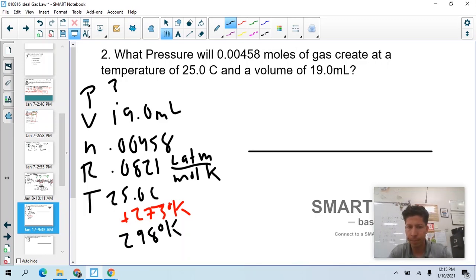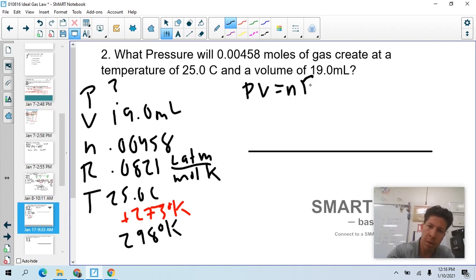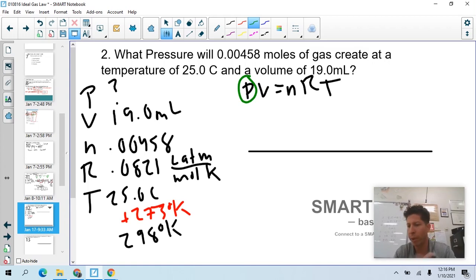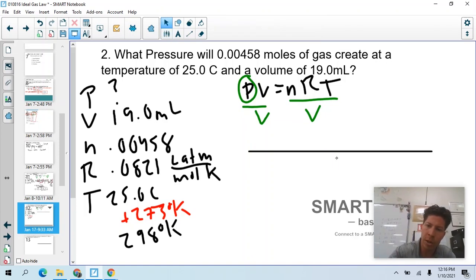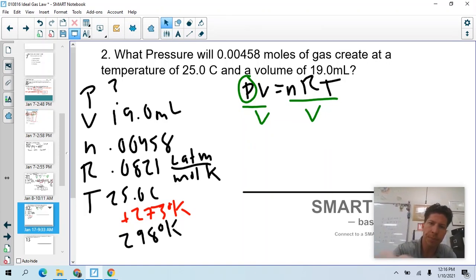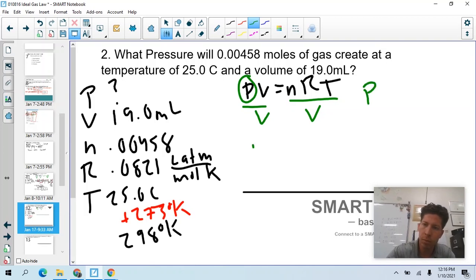Here's our equation. I'm solving for pressure now, right? So we've got to get rid of volume, so divide by volume. Your equation should be pressure equals nRT over V.